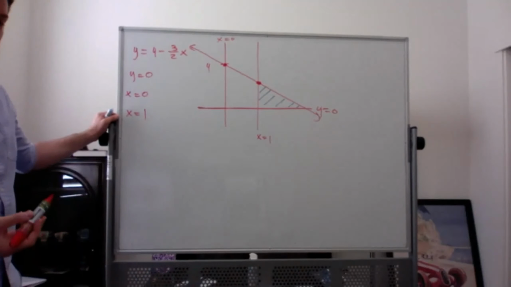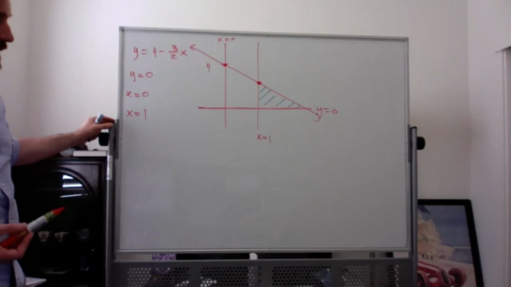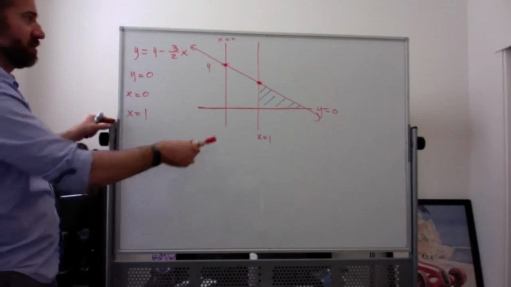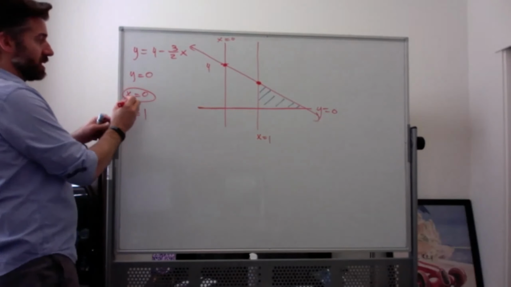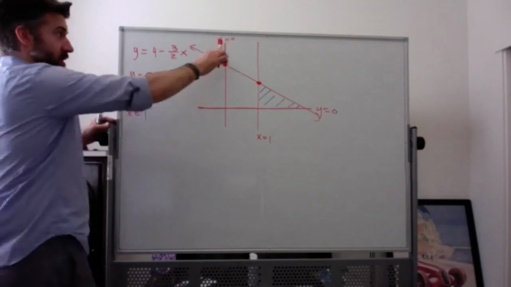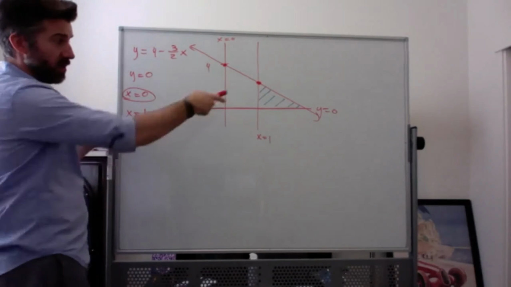But if they're saying your region is bounded by all these curves, then each of these curves has to get used. For this blue region that I've selected falsely, x equals 0 is not one of the boundaries, so we know that's not correct.